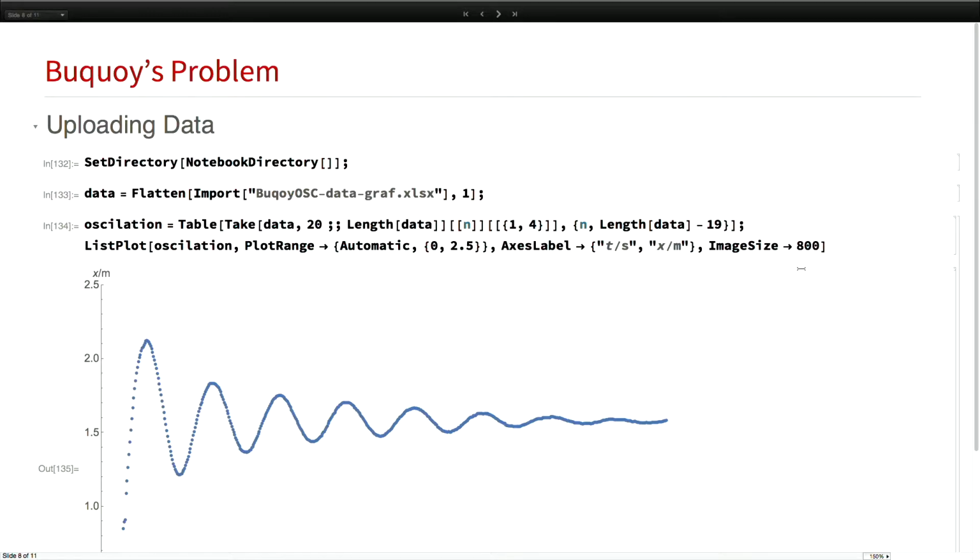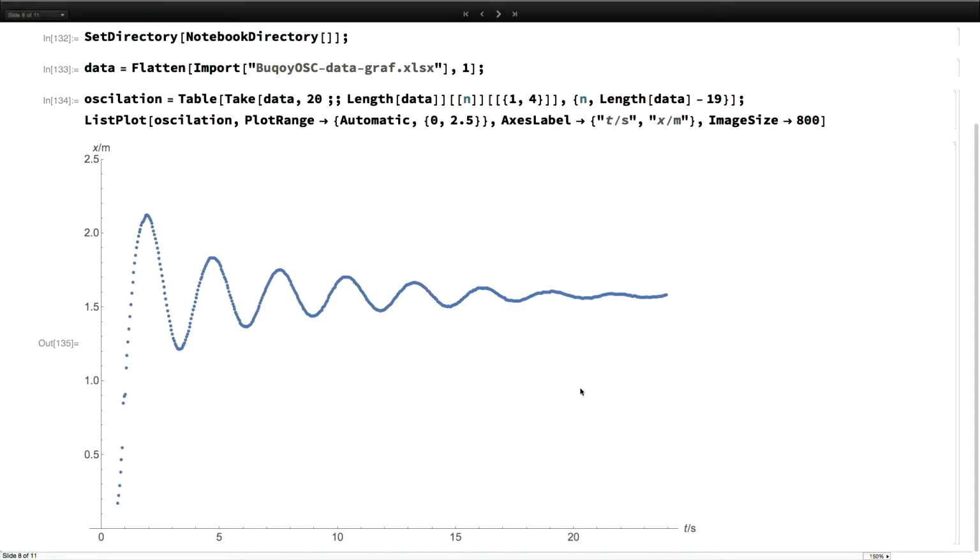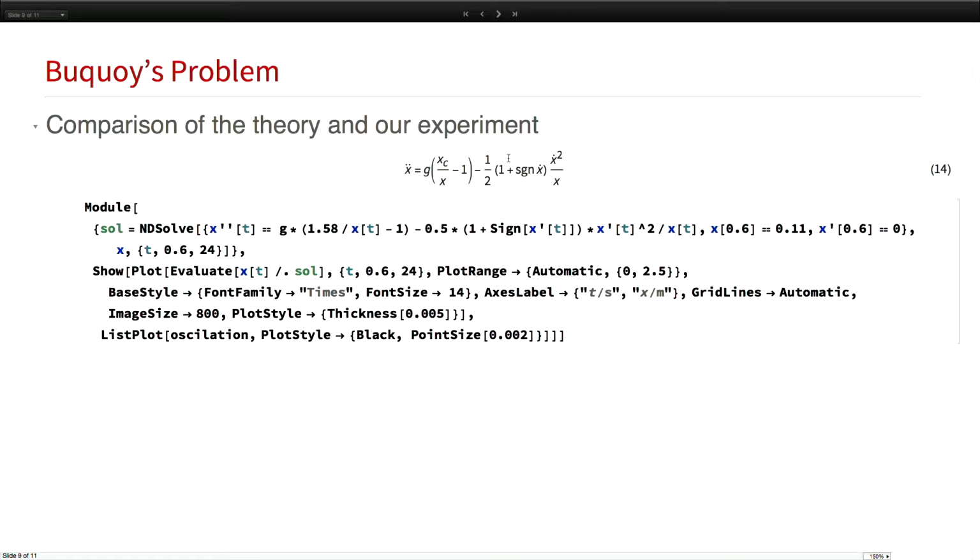No, I'm sorry, this is only the downloaded data of the dependency of the height of the ball on time in the experiment. But in the next slide, we will compare this experimental data with the solution of this differential equation.